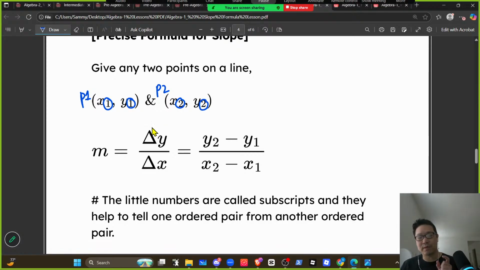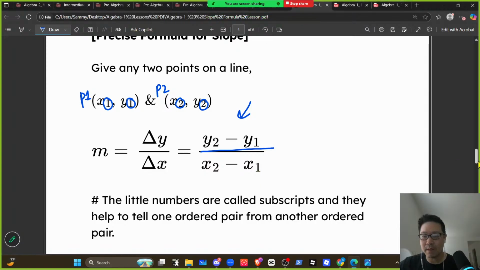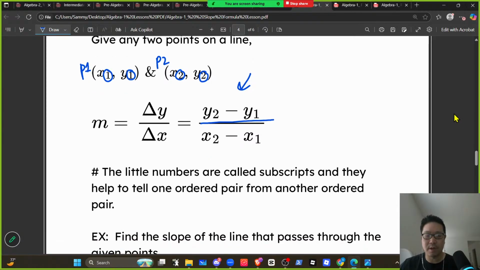So given any 2 points on a line, all you have to do is follow this formula. It's y sub 2 minus y sub 1 over x sub 2 minus x sub 1. And the thing with this is you have to be consistent, like with other formulas. So if you start off with point 2, then you have to stick with the order.